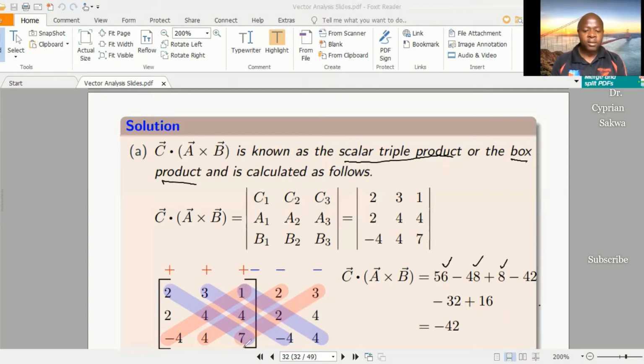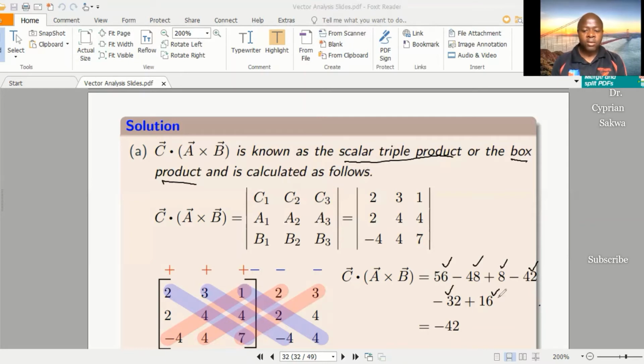For instance, 7 times 2 is 14, times 3 is 42, so I subtract 42. Then 4 times 4 is 16, times 2 is 32, so I subtract 32. Lastly, there's this diagonal, which gives me negative 16, so when I subtract negative 16, I get positive 16.